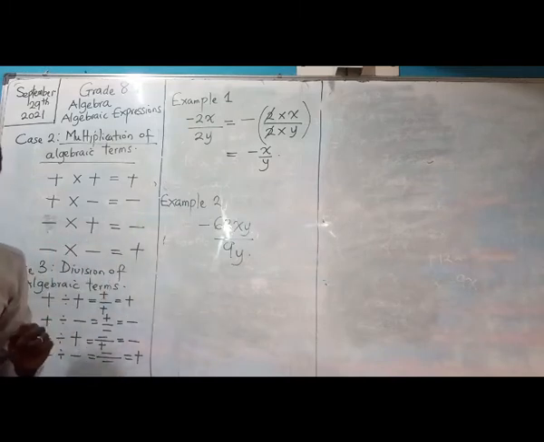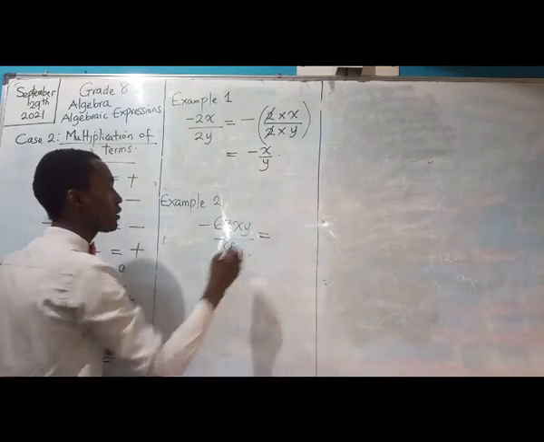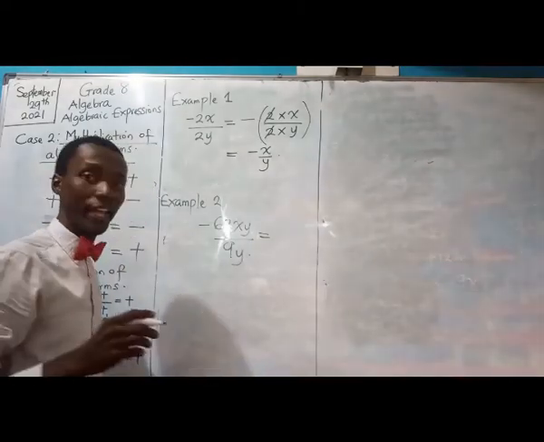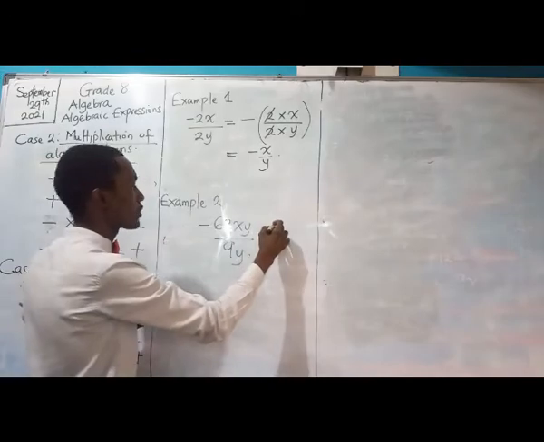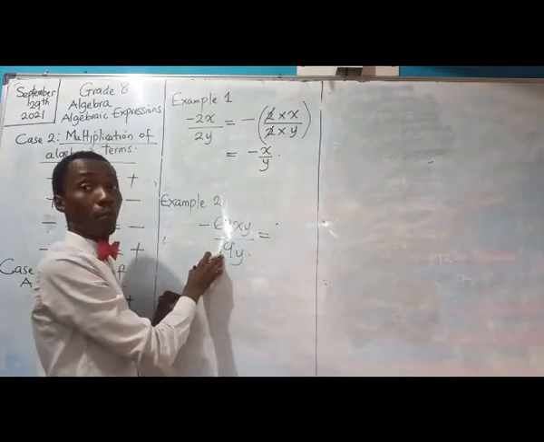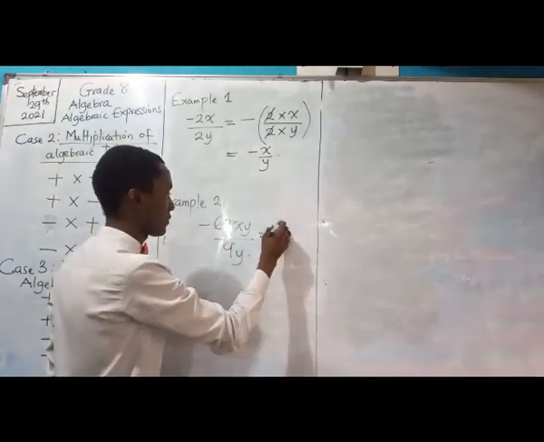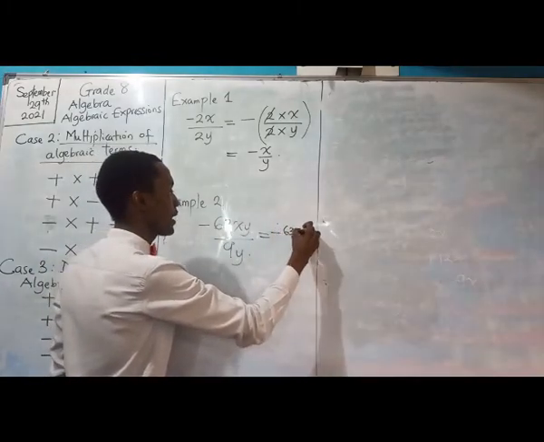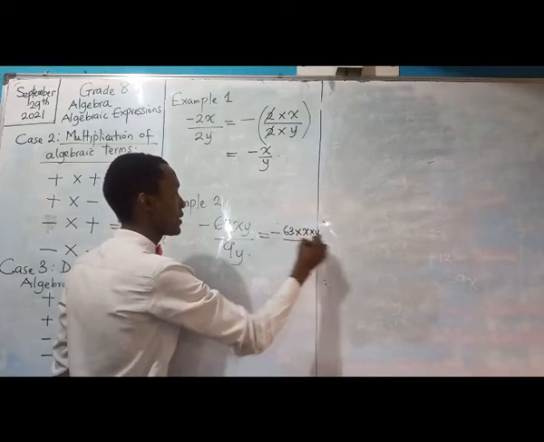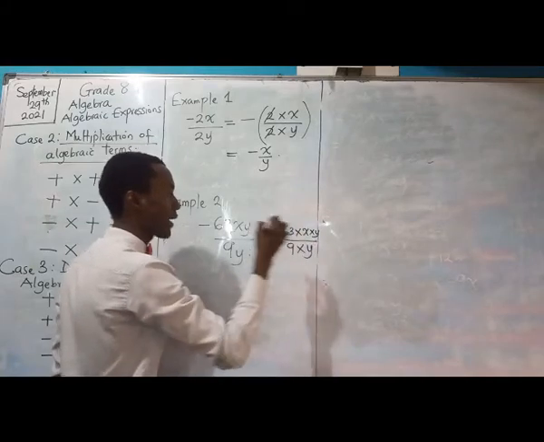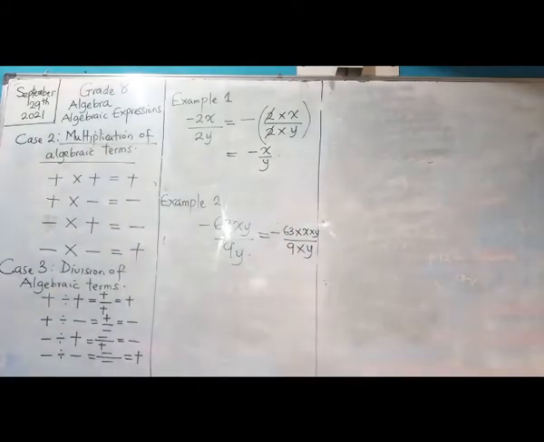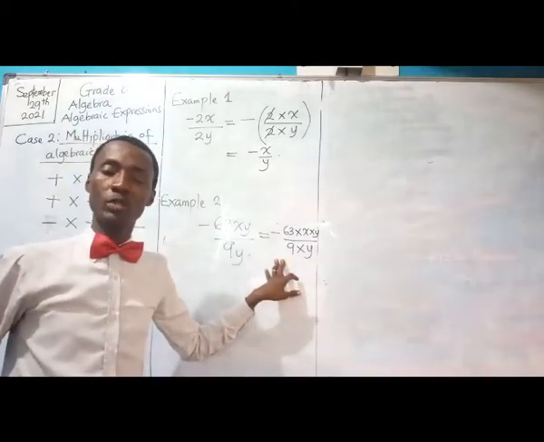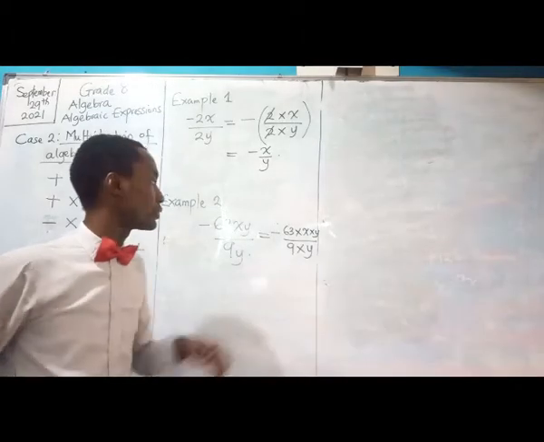Now look at this. This looks a little more demanding, but it's not. Depending on your knowledge, negative divided by positive will be what? Negative. Then I'm going to have 63 times x times y divided by 9 times y. Here, your knowledge of multiplication or your multiplication table plays a very crucial role.